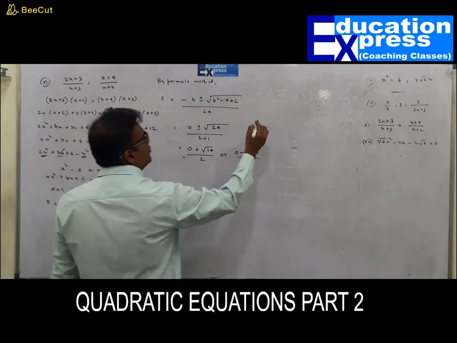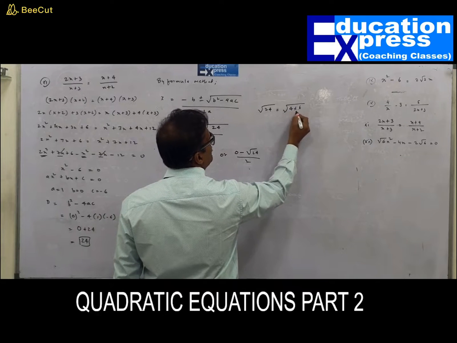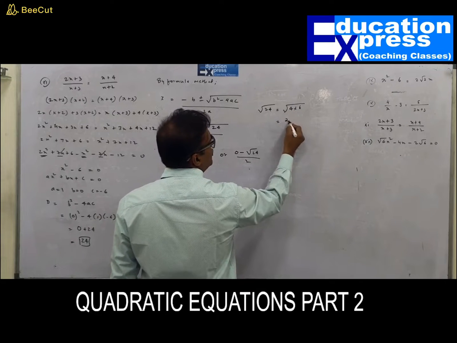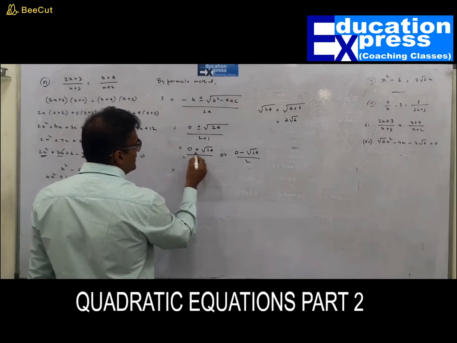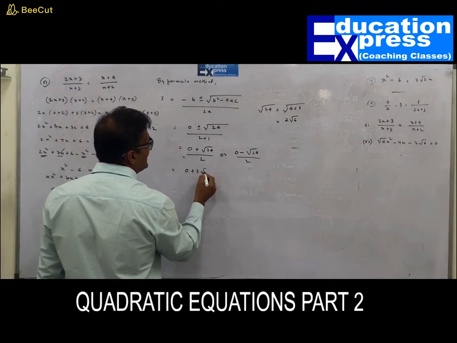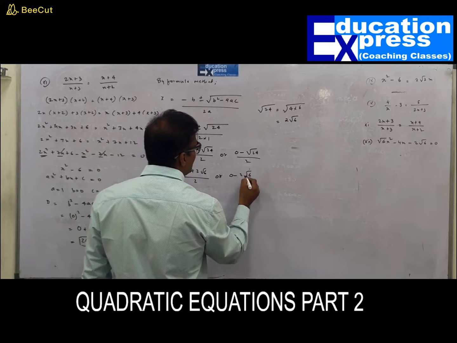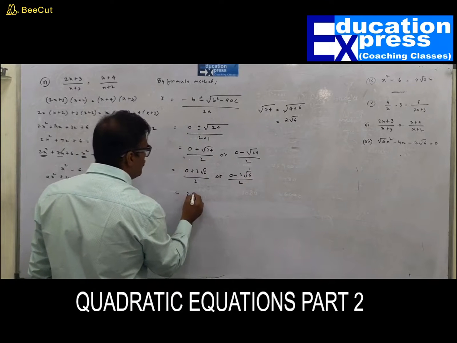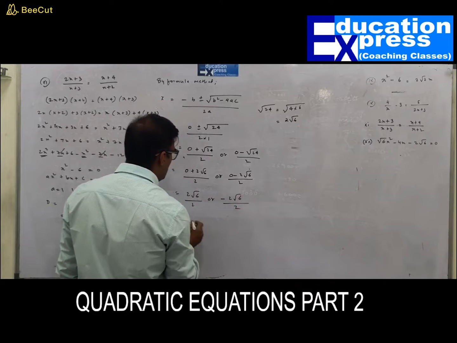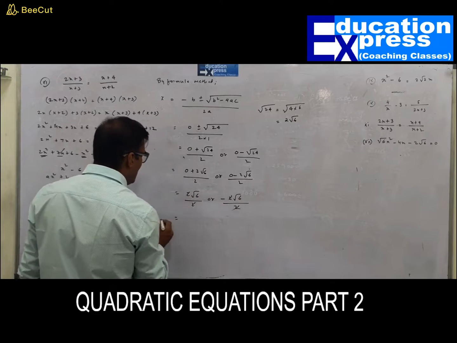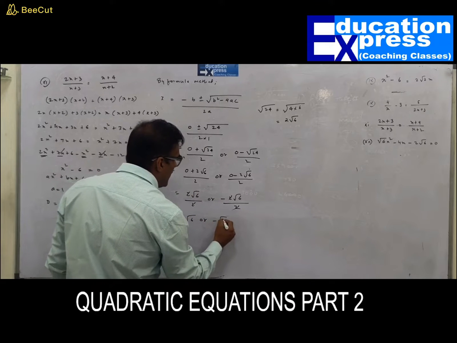As you know, root 24 can undergo a simple calculation. 4 into 6. What is the square root of 4? 2. So this becomes 2 root 6. So it will be 0 plus 2 root 6 upon 2 or 0 minus 2 root 6 upon 2, which means 2 root 6 upon 2 or minus 2 root 6 upon 2. 2 gets cancelled. Therefore, the value of x will be root 6 or minus root 6.